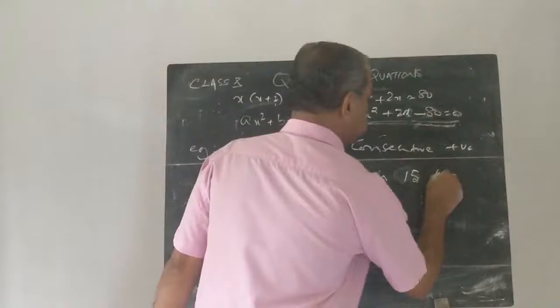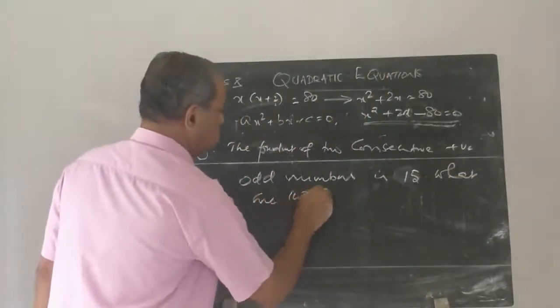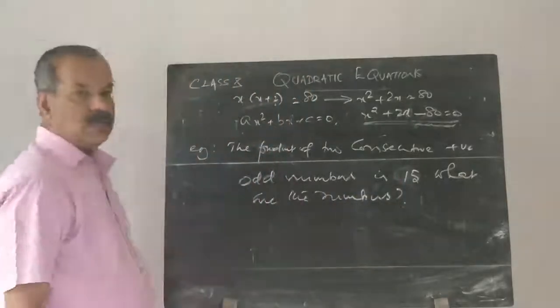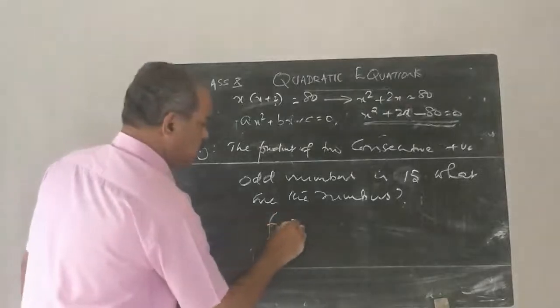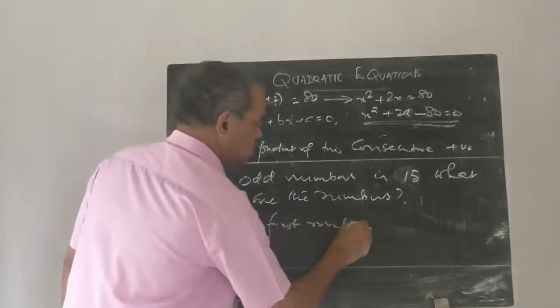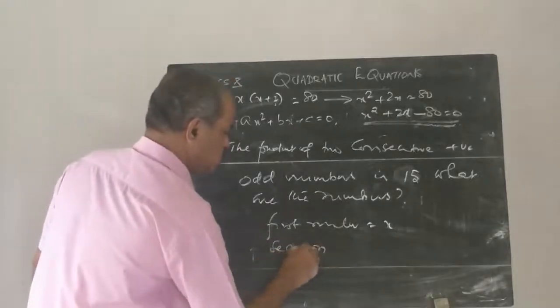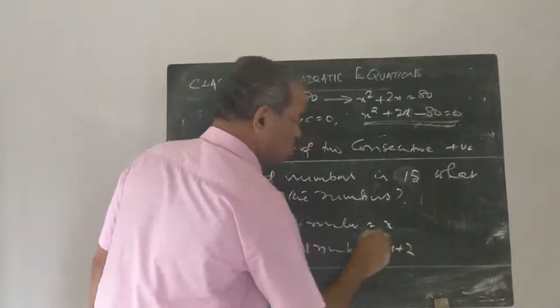What are the numbers? So consecutive odd numbers. First number x. Then what is the second number? Second number again x plus 2.